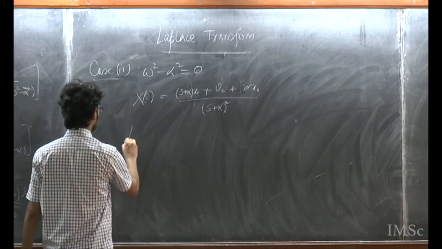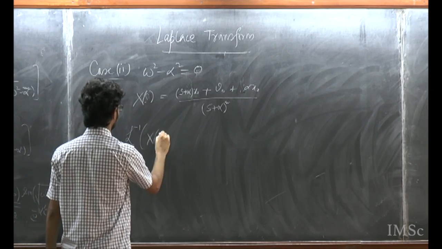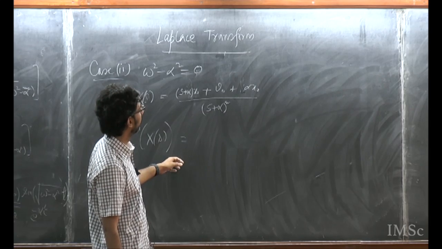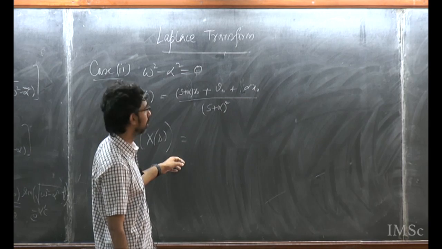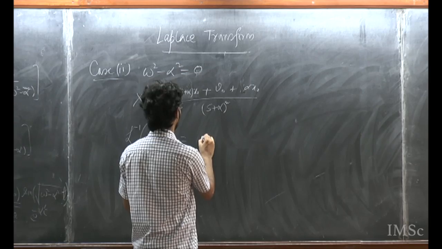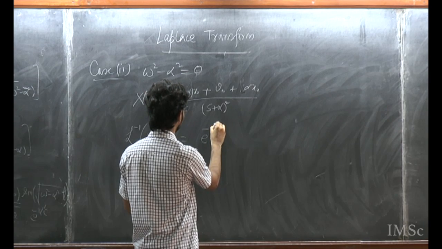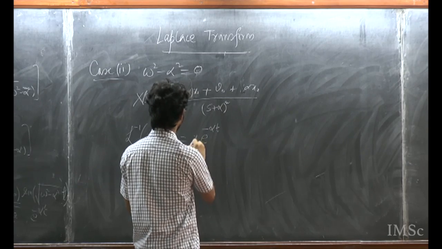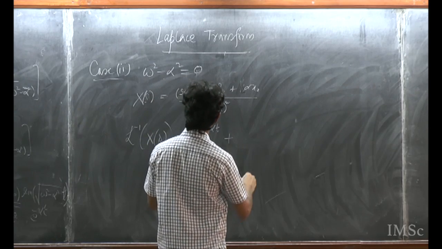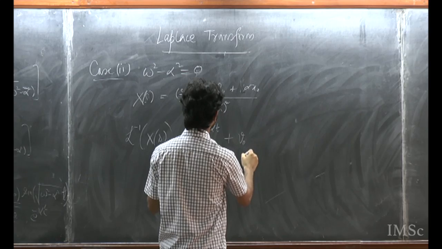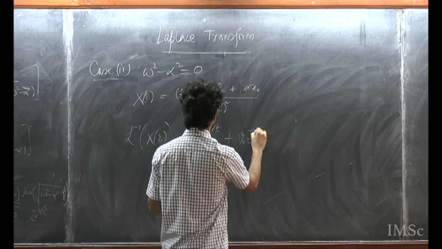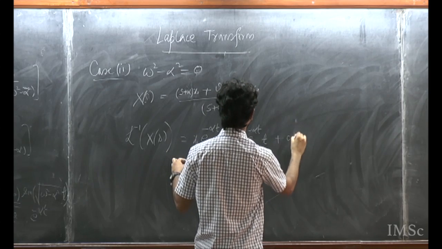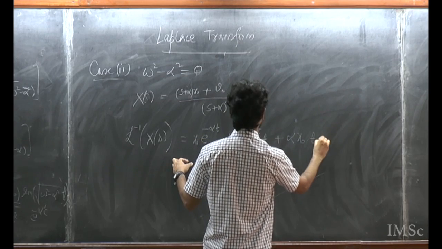So what is the inverse Laplace transform of this? e to the minus alpha t times (x naught plus (v naught plus alpha x naught) t).